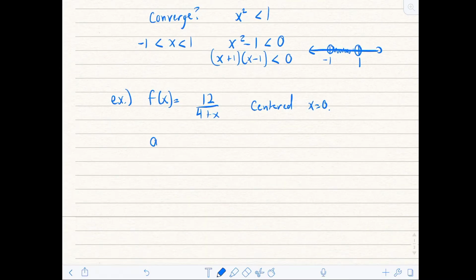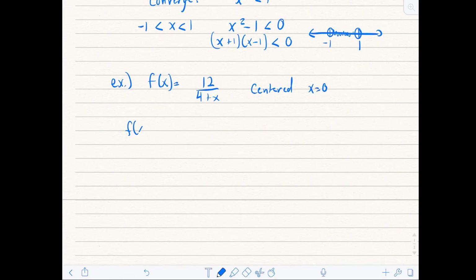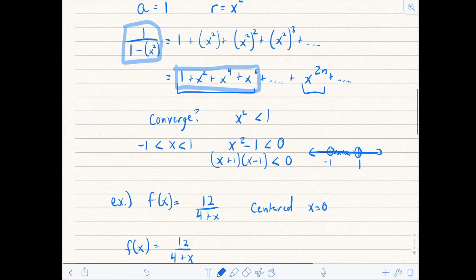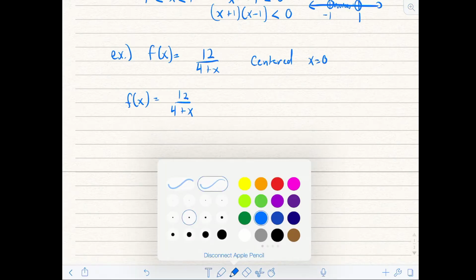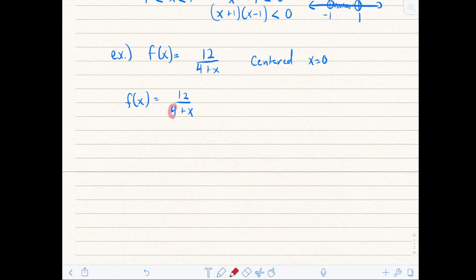Before I do anything, I want to rewrite this function a little bit. So f of x is equal to 12 over 4 plus x. One of the things you'll notice with the summation for a geometric series is that this 4 right here is normally supposed to be a 1.